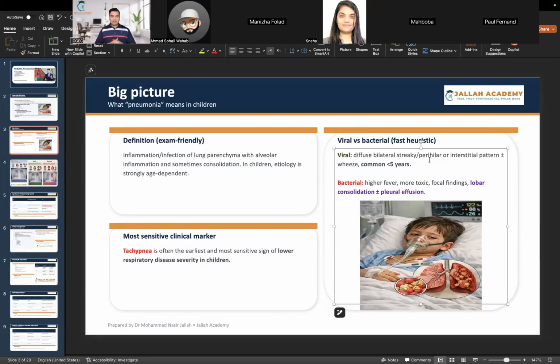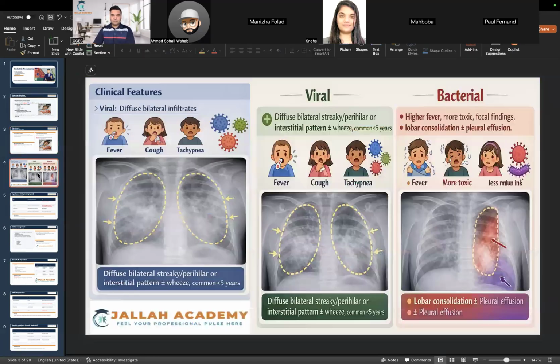Most sensitive clinical marker: tachypnea. Remember, that's the most sensitive. That's why I made it red, and we did mention it when we were doing some cases in PGP. It's often the earliest and most sensitive sign of lower respiratory disease severity in children. It means the patient gets worse if the respiratory rate is above 30.